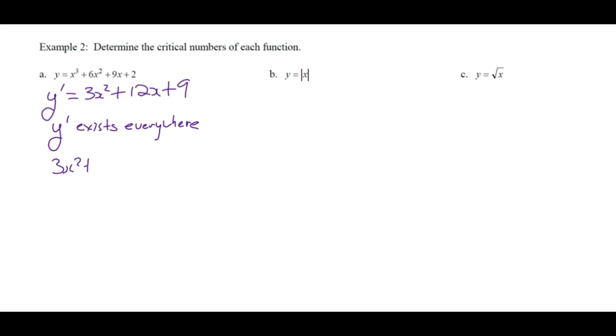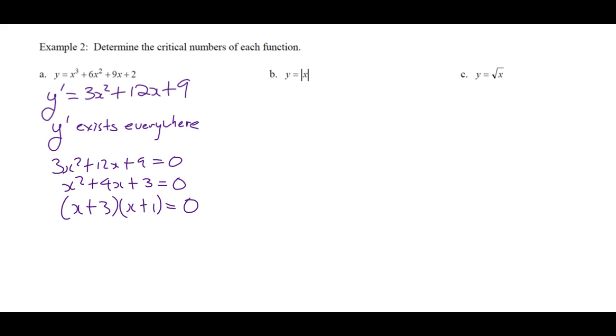So we'll say 3x squared plus 12x plus 9 is equal to 0. We get to divide and factor. Y prime is equal to 0 when x is equal to -3 or -1.